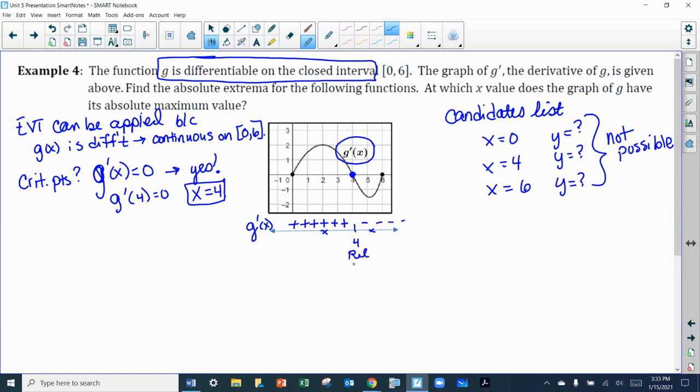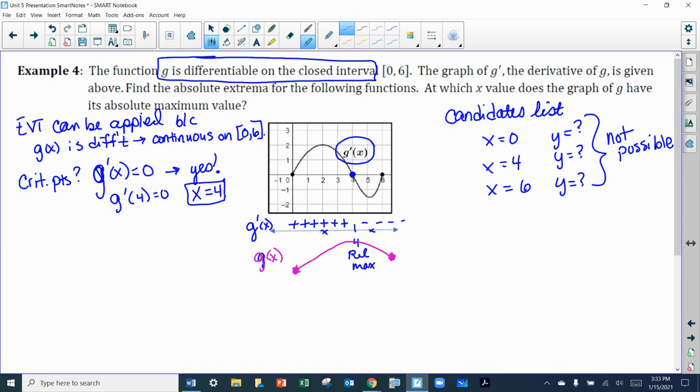This is a relative max, isn't it? Do you suppose it's an absolute max? Yes, because g of x, this is important, is increasing to decreasing, isn't it? Oops, endpoints. Thus, x equals 4 must be the location for an absolute max.